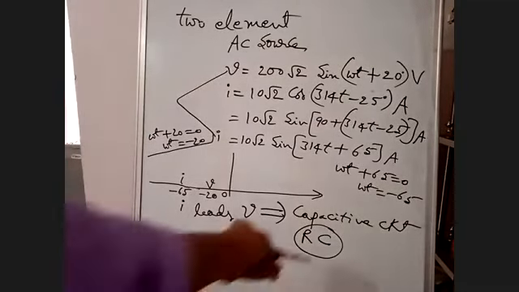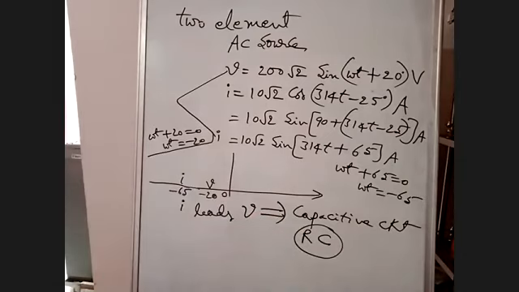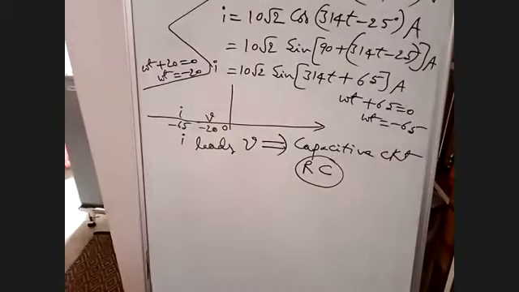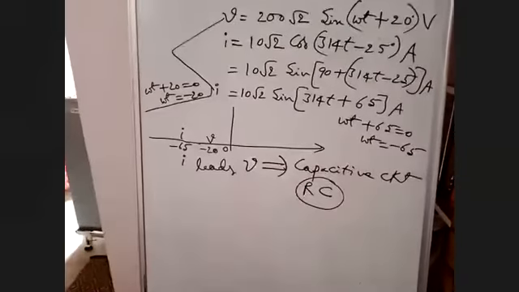What are the two elements here? R and C. Now we have to determine R and C for this circuit. How will we determine? What is the procedure?